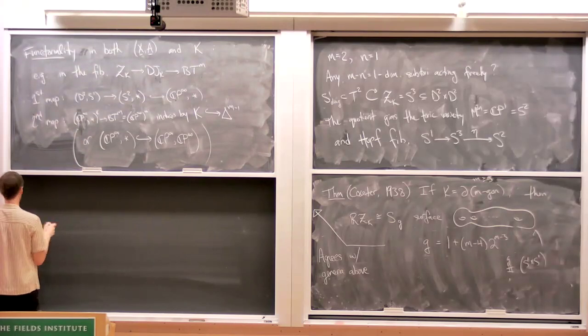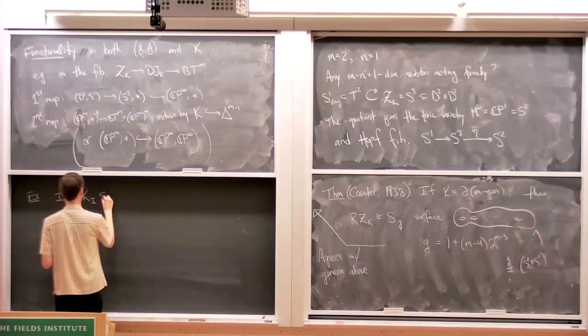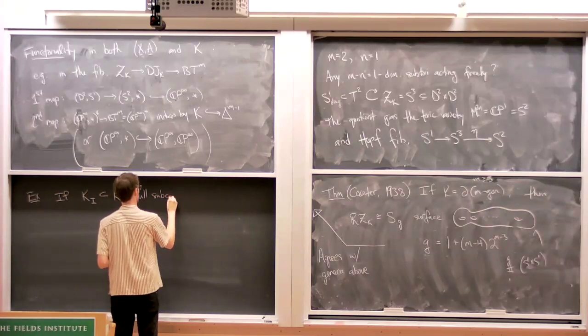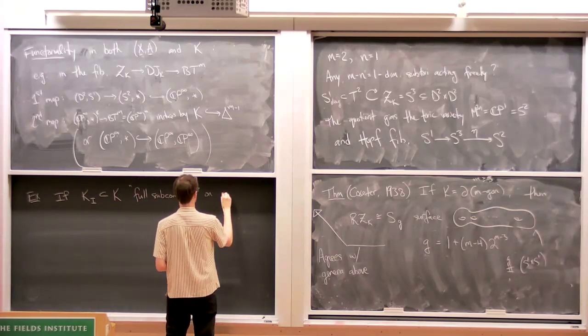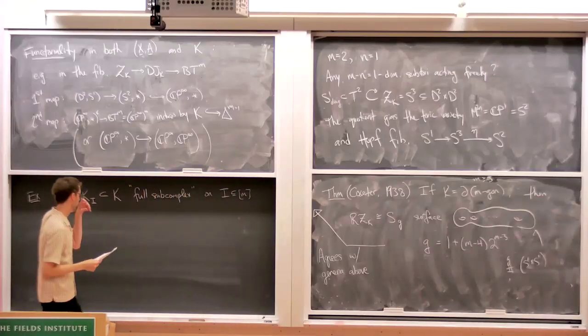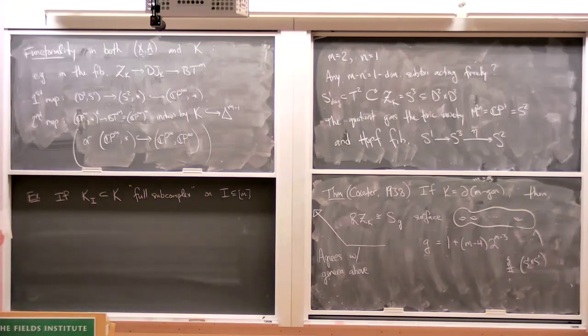In particular, if you take any subset I of your vertex set, and consider the full subcomplex or induced subcomplex, same thing as an induced subgraph when you restrict to some set of vertices, that's going to induce some map of polyhedral products.